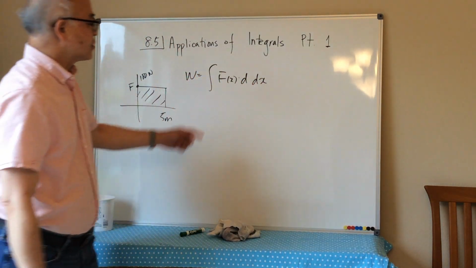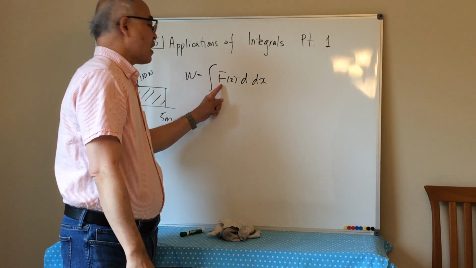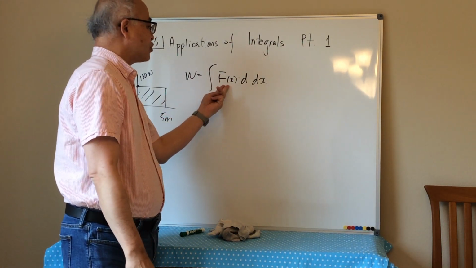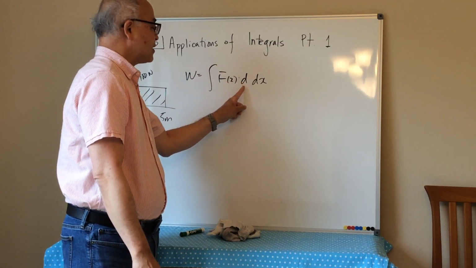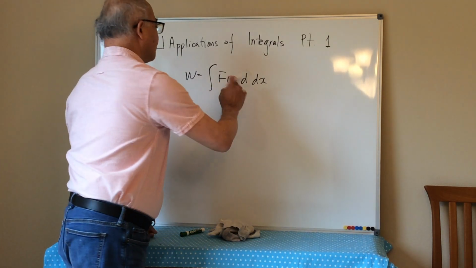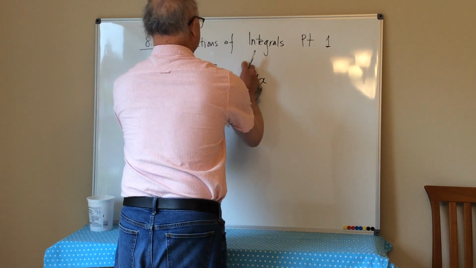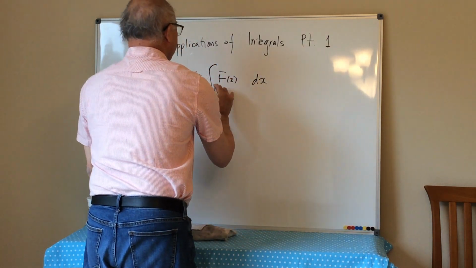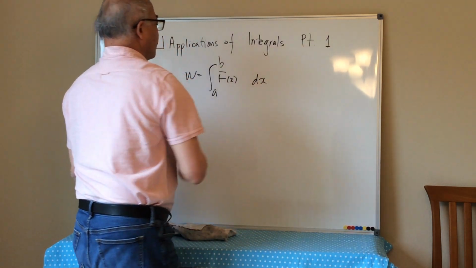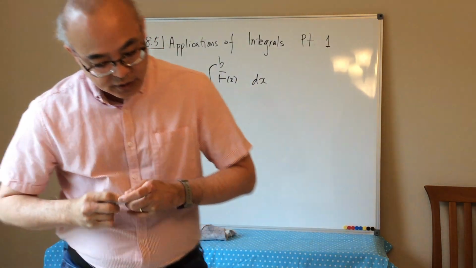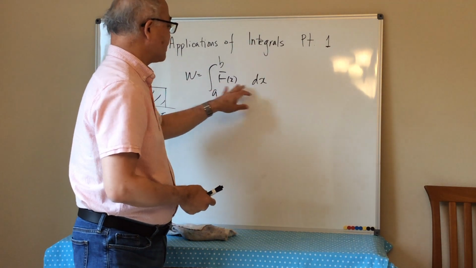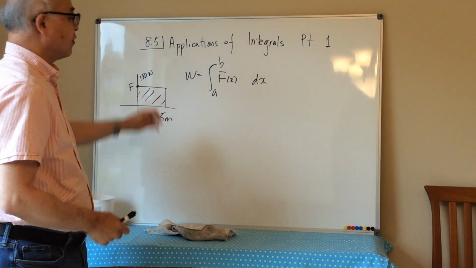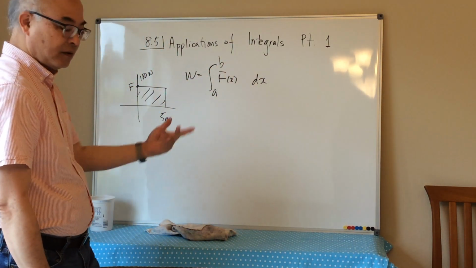In other words, since f is not constant, it is a function of distance, so it would be f of x dx, where the distance is from a to b. So your force is going to look like this, from a to b, and it's the area under the curve, like that.